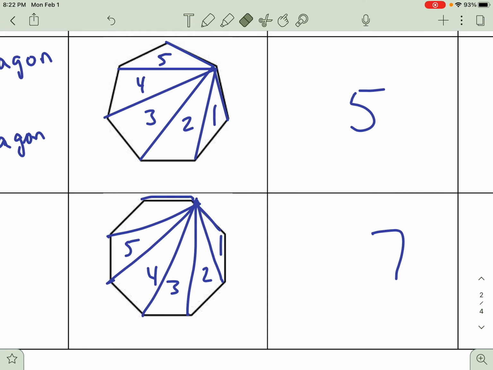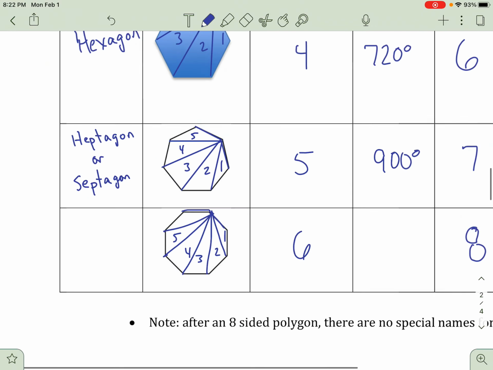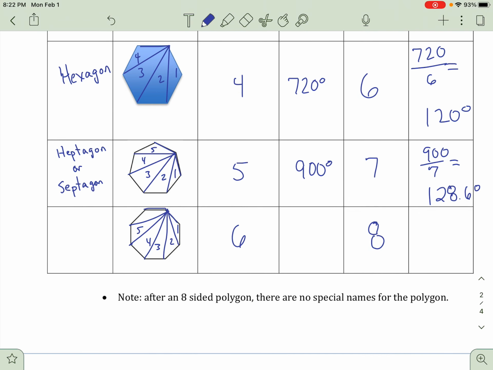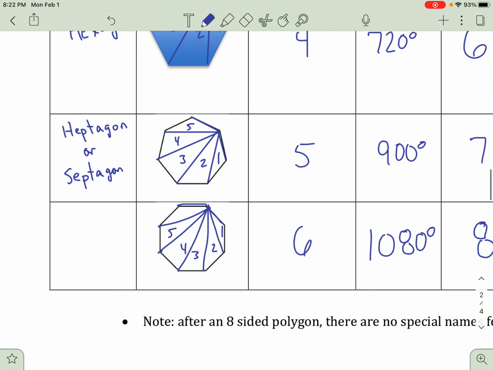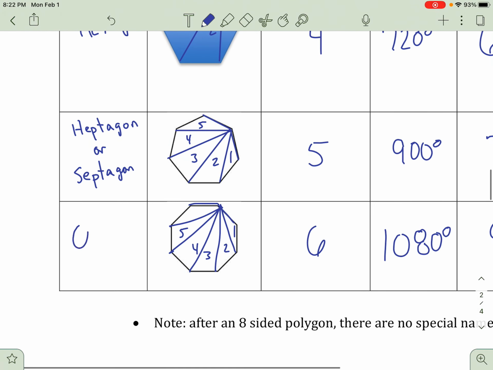I'm sorry, 6 triangles. I was like, wait a second, that doesn't add up. Math teacher, can't even count. All right, 6 times 180 is 1,080. So 1,080 divided by the number of sides gives you 135 degrees for each of the interior angles.